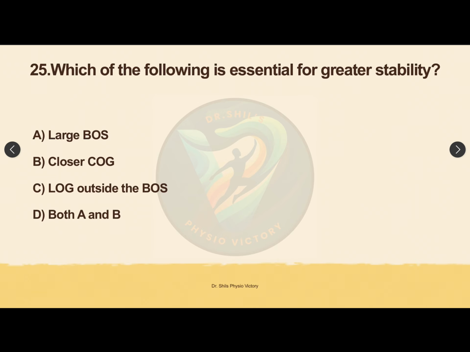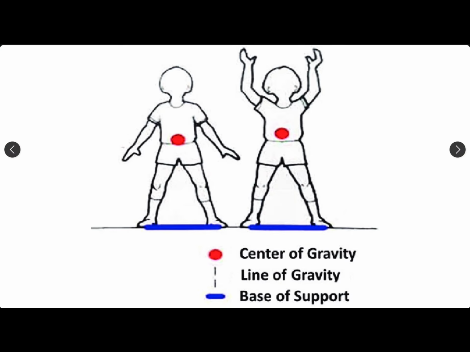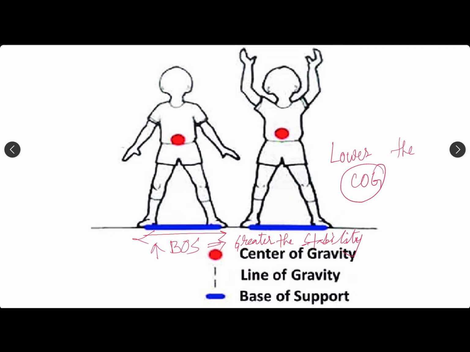Option A large BOS, option B closer COG, option C COG outside the BOS, and option D both A and B. Here the correct answer is option D both A and B. So you can see here, the larger the base of support, the greater the stability, and the lower the COG, the greater the stability.